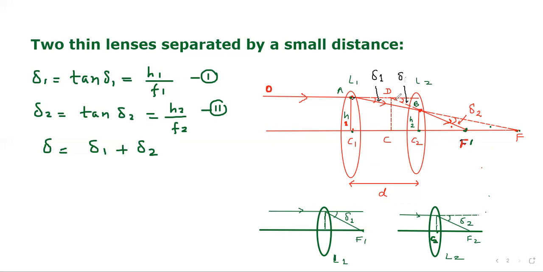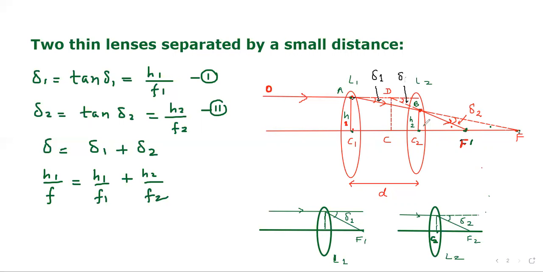So we can say delta equals DC divided by CF dash. So we write it as H1 divided by F, supposing CF dash is the combined focal length, and delta 1 is given as H1 upon F1 plus delta 2 is given as H2 upon F2.